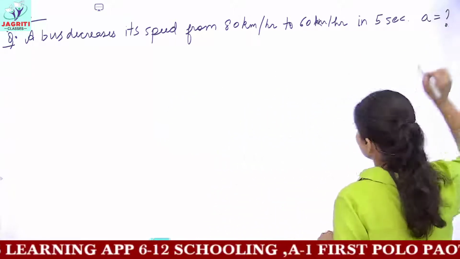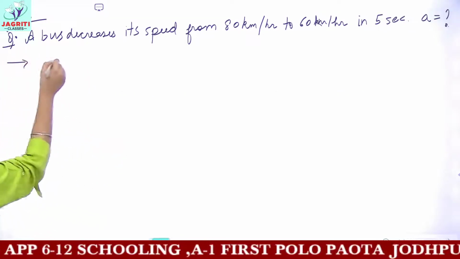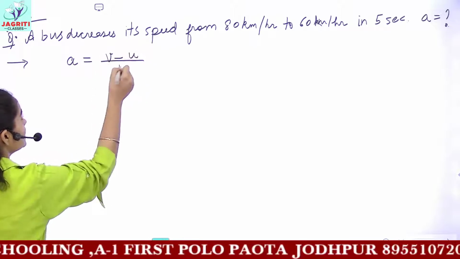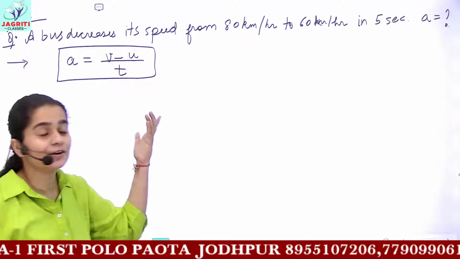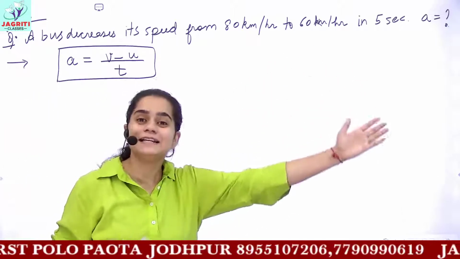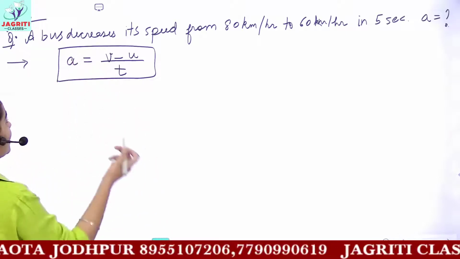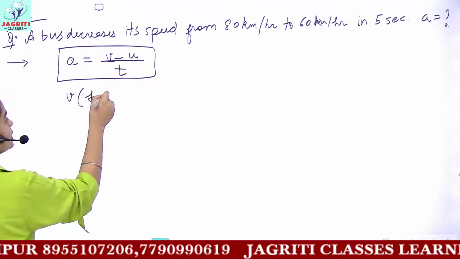We need to determine acceleration. So very simple, the formula of acceleration says a is change in velocity, that is v minus u upon t. This is the only formula which we are going to use for finding acceleration in this case. So here a we have to find. V, what is v? V means final velocity.